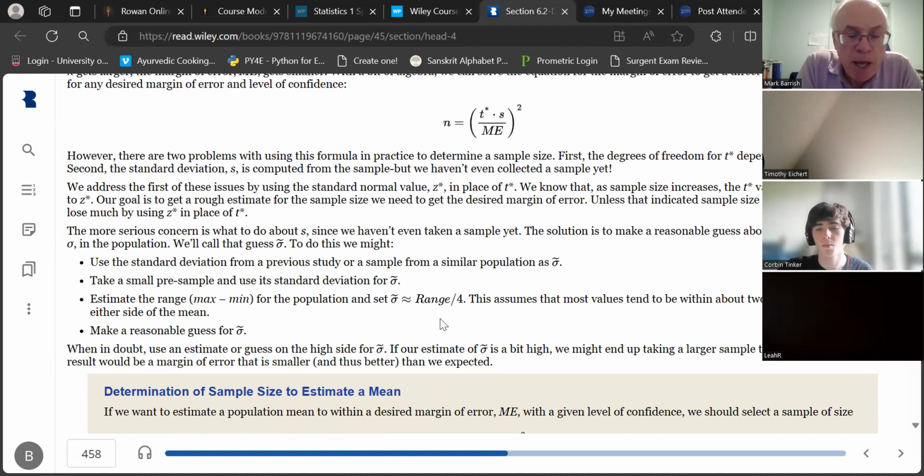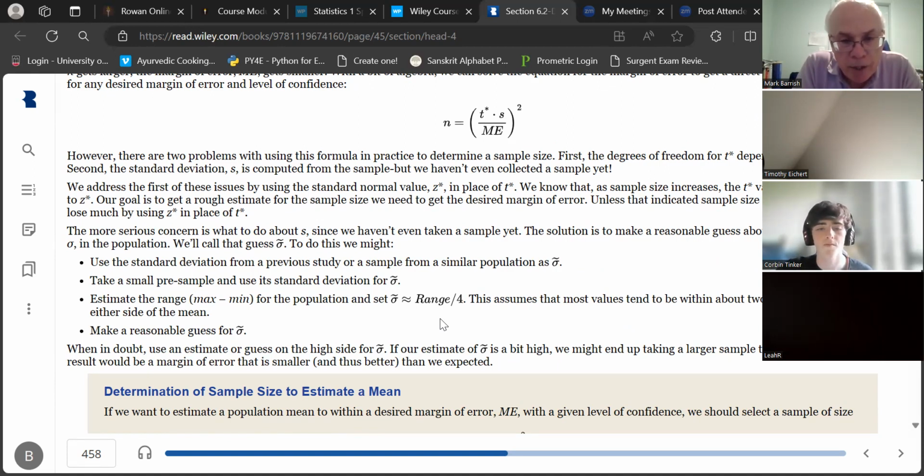So a reasonable estimation of the standard deviation of your population. For example, if they tell you what the range is for the population, then simply divide it by 4. All right? And that should give you a reasonable estimation of the population standard deviation.